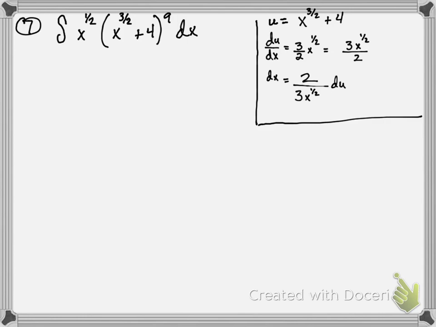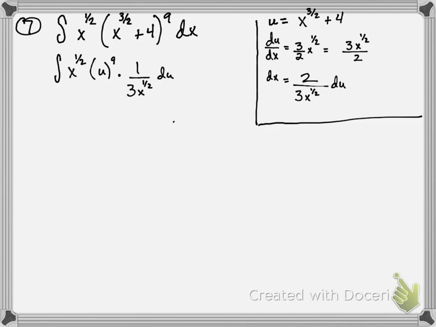Immensely means a lot. Tremendously. All right, I'm going to substitute some stuff back in. You've got u to the 9th power times 2 over 3x to the 1/2 power du. That is just from substituting everything back in.